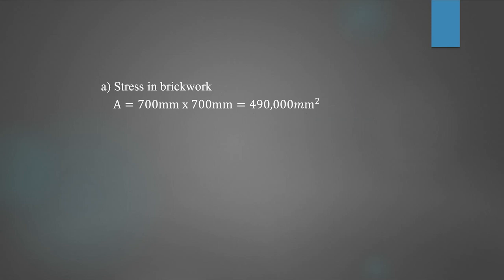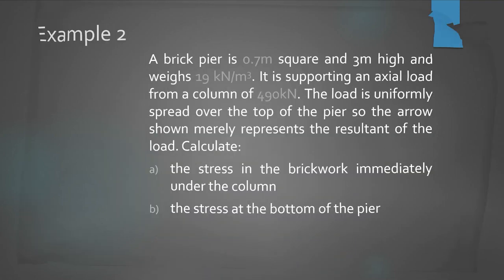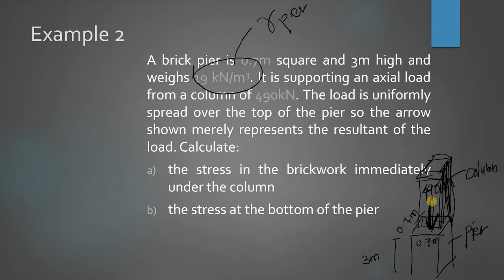First, because we know that our formula is sigma equal to force divided by area, we need to find the area. So which area are we talking about? It should be the area of the pier, because right under the column it meets this pier. So what is the area of the pier that this force transmits to? So it is the size of the pier.